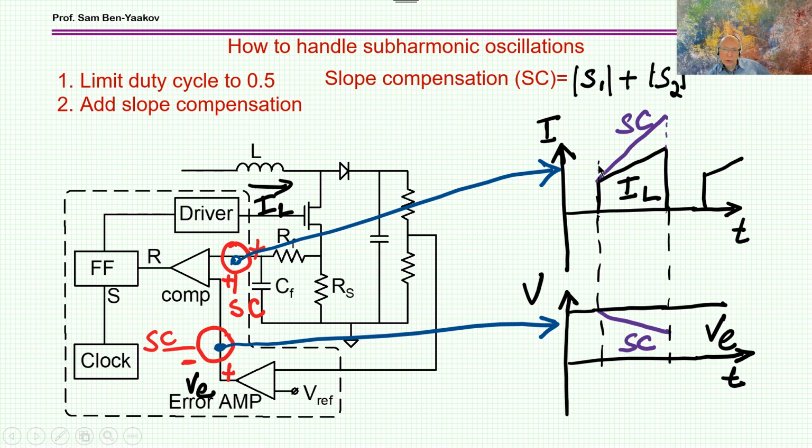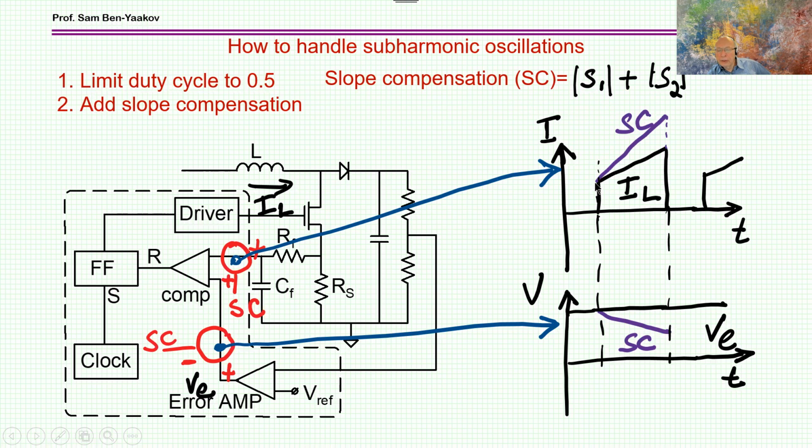And it can be shown that if this addition of the slope is equal to S1 plus S2, where S1 is the slope during the uptime, volt per second, and S2 is the slope of the inductor during the off time, which is not shown here.